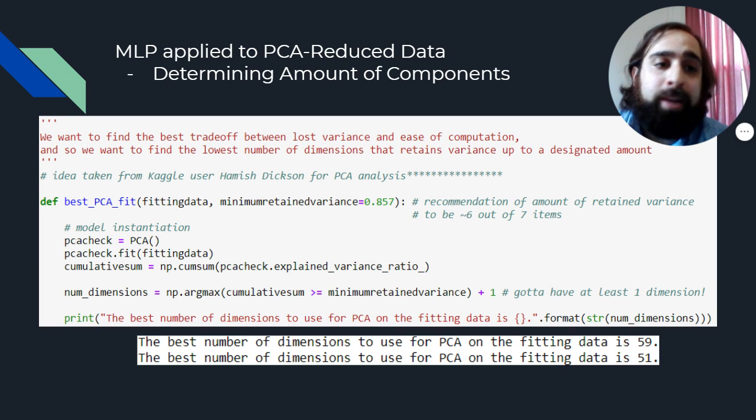PCA is pretty good for maintaining variance, especially in relation to a lot of other dimensionality reduction techniques. But nonetheless, you still lose stuff when you reduce those dimensions down. So what I did was I created a function that tried to maintain that much variance, 0.857, but still have the lowest amount of components possible, the lowest amount of features.